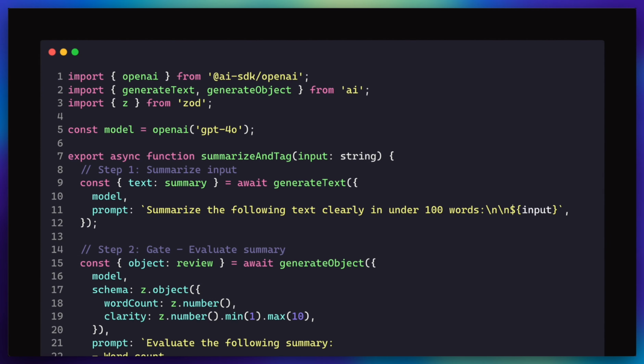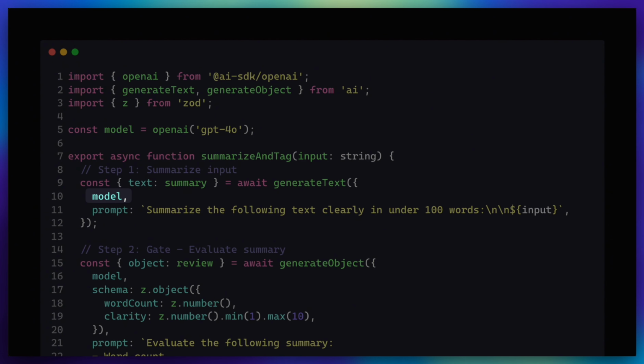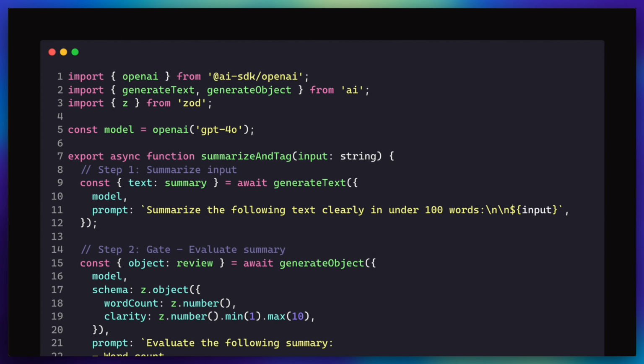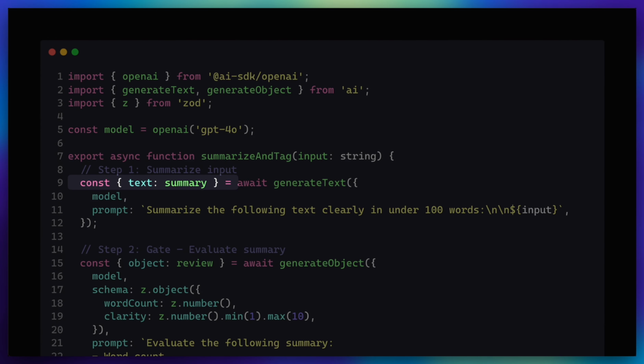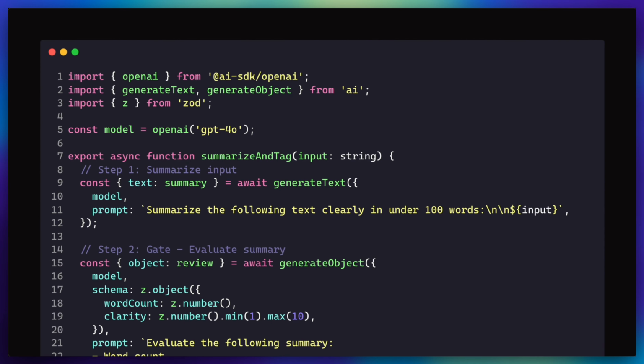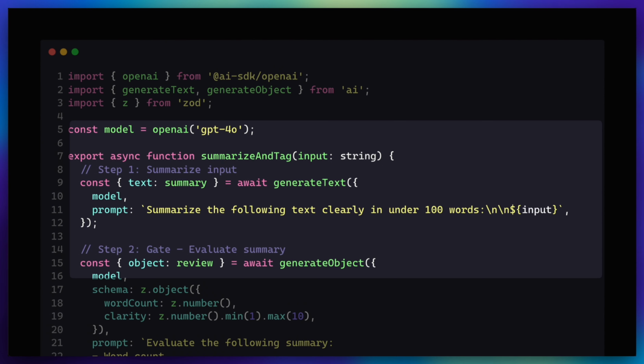This is the first LLM call in the flow. So what's actually happening? We're giving it a prompt that says, summarize this text clearly in under 100 words. Generate text takes 2 things, the model and the prompt. And what it gives us back is an object that contains the text. That text is our summary, and it will become the base for everything else downstream.